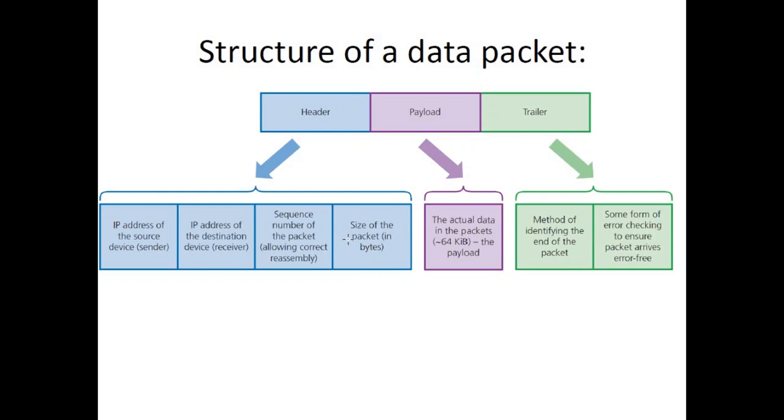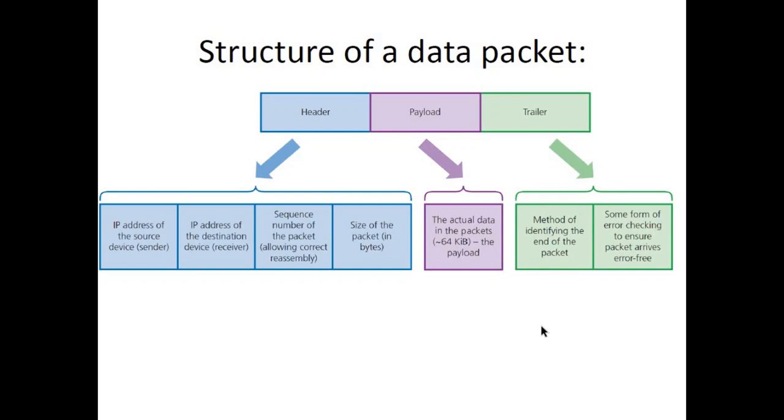Lastly, in the header, the size of the packet in bytes, that is, the size of the current packet, is mentioned. The payload is the part where the actual message lies. It is of 64 KB and it contains the actual message which is to be transmitted. And lastly, the trailer contains two things: a method of identifying the end of the packet.